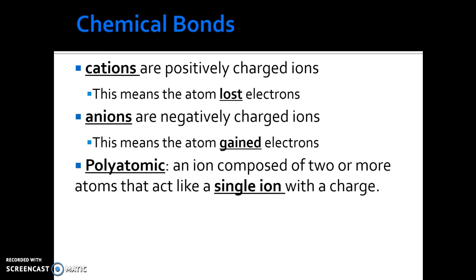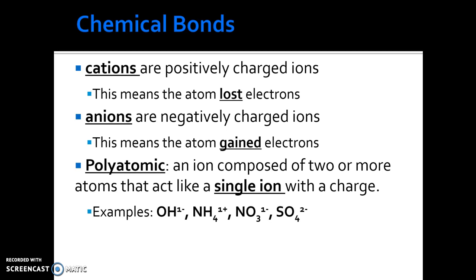Now, another term you'll need to know for this activity is polyatomic. In polyatomic, we see our prefix poly, which means many, and atomic, of course, atom is there, so it means many atoms. So a polyatomic ion is simply an ion that consists of many atoms, and together it acts like a single ion that has a charge.